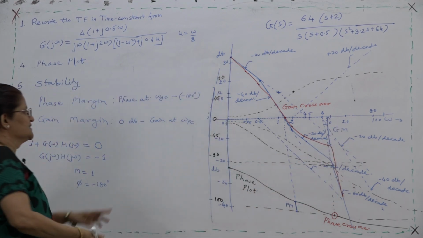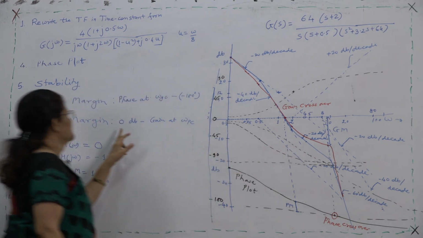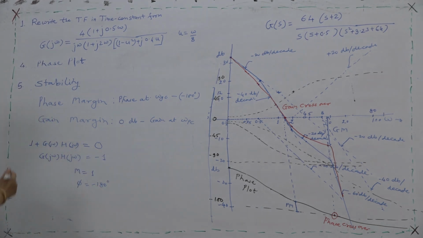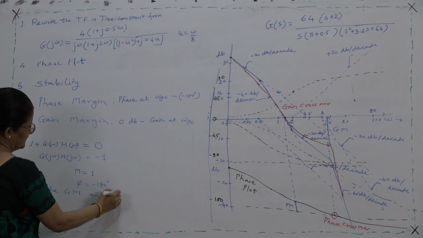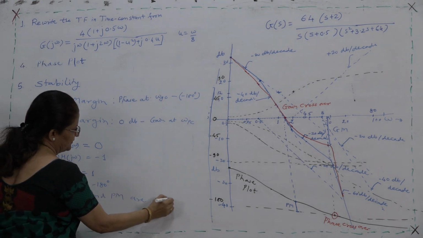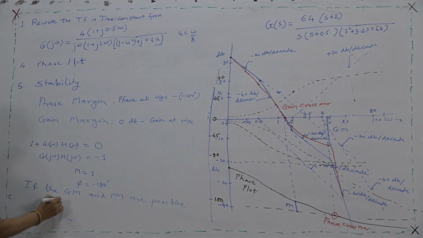Now, this gain margin, you are getting some value like minus 10 or minus 12 or something like that. So, 0 minus minus 12 is positive. And if the gain margin and phase margin are positive, the system is stable.